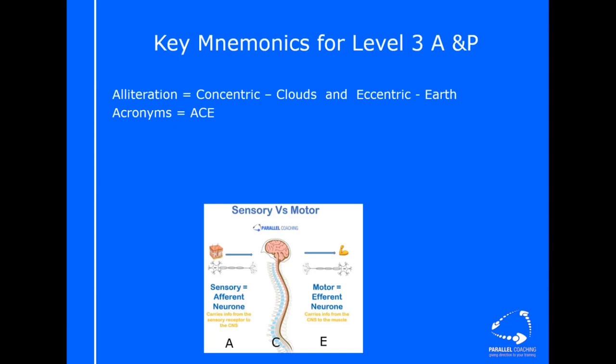So this basically allows the whole transition of information from our senses all the way through to taking an action. The ACE acronym is awesome for remembering and getting the afferent and efferent the right way around, because if you're anything like me, I always get them confused unless I've got a really clear chunking way of remembering, and ACE as an acronym is spot on for that.